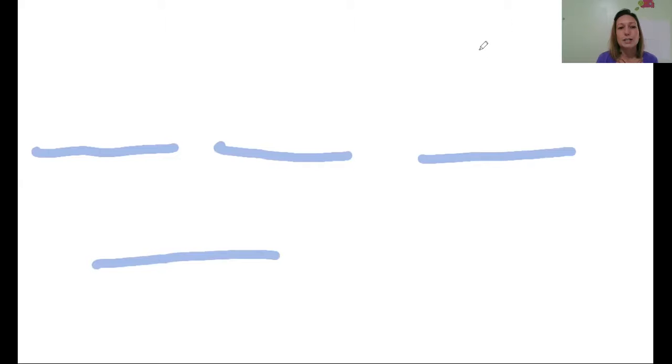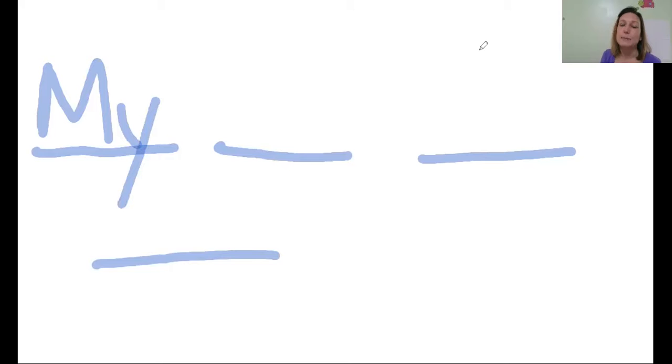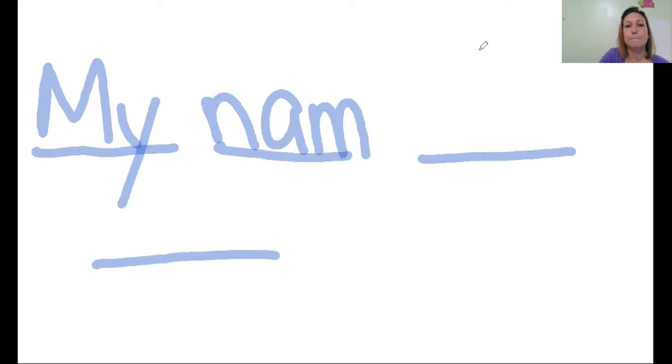Our first word was my. M-Y. Uppercase M because it's the first word in my sentence. My name. N-A-M. I hear my A saying its name, so I'm going to put the E on the end.